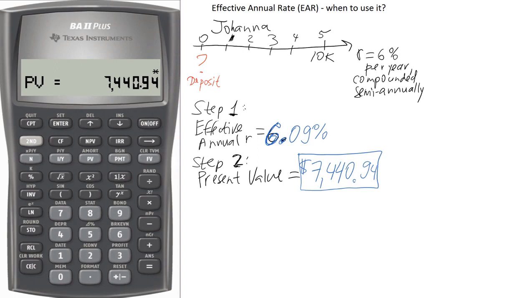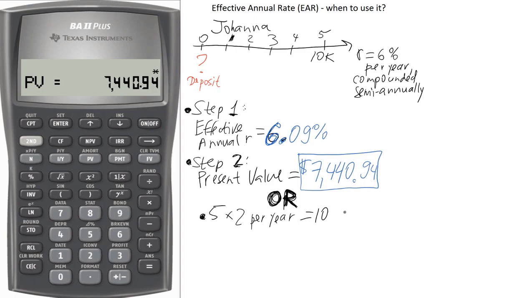Now let me show you one trick. It turns out there's another way of doing the math, which is actually much easier. You may realize that we had 2 steps earlier. Now what we are going to do is say that interest is earned every half a year. So how many times do we earn interest total over 5 years? We do 5 times 2 per year equals 10, right?